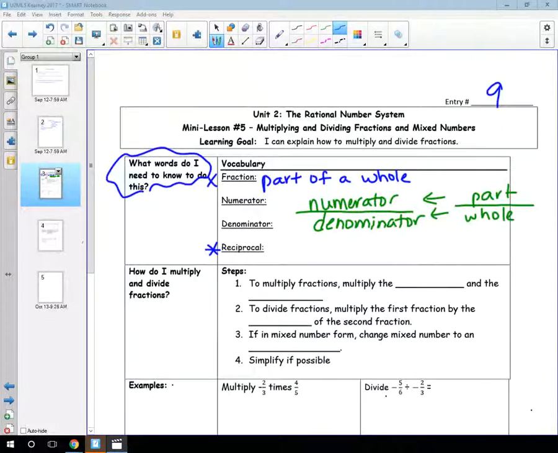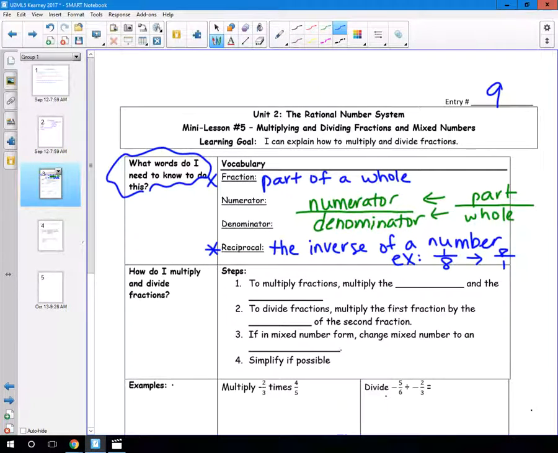If we take a number and flip it, that's the inverse. For example, the reciprocal of 1/8, if I flip it over, would be 8/1.